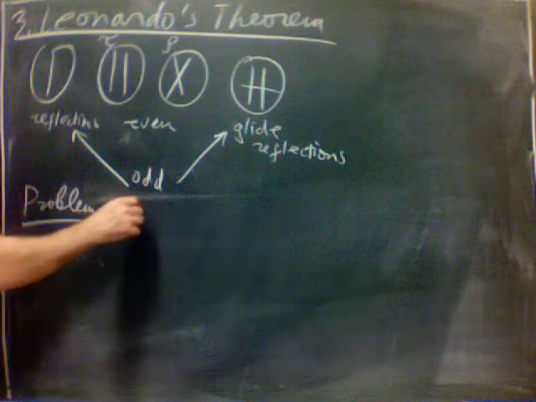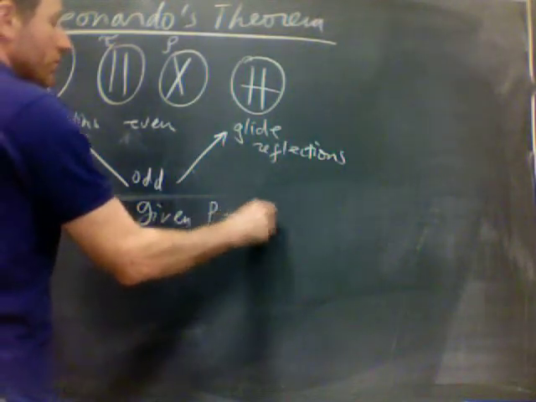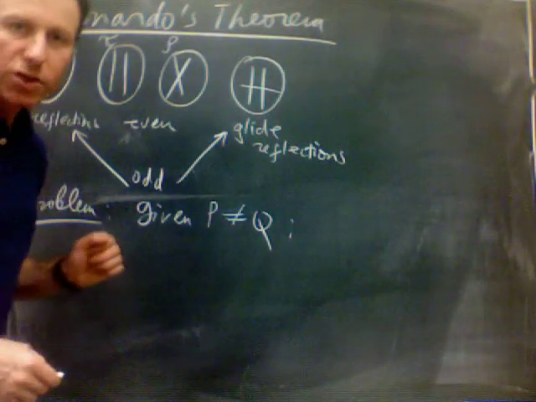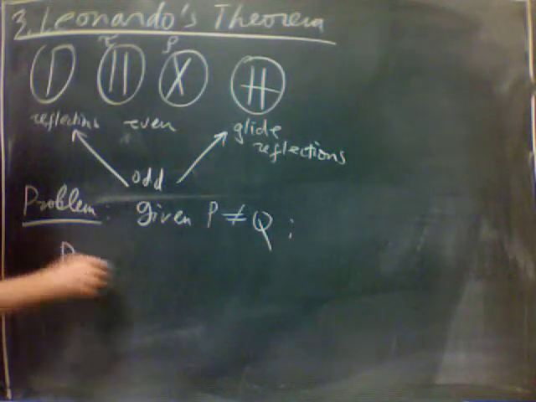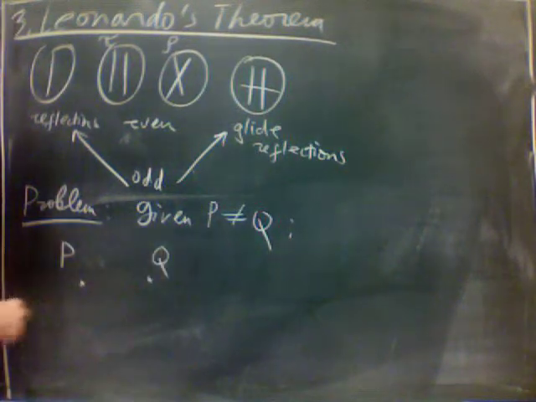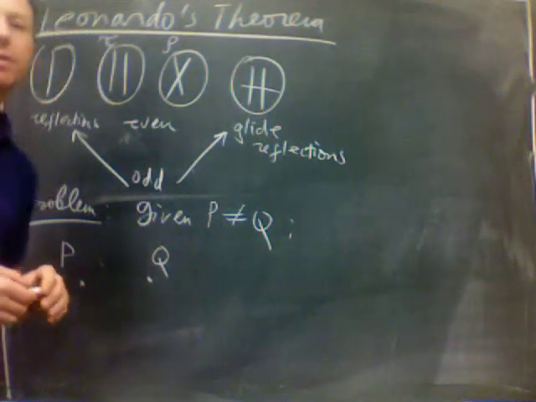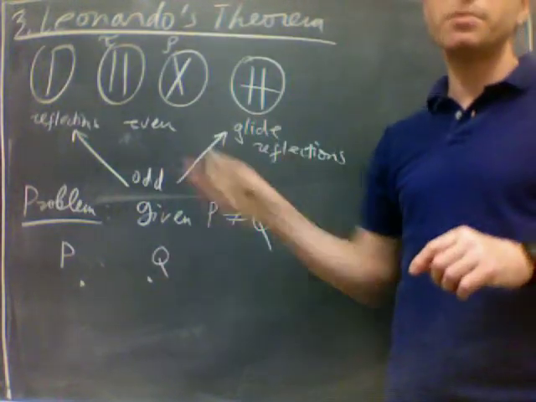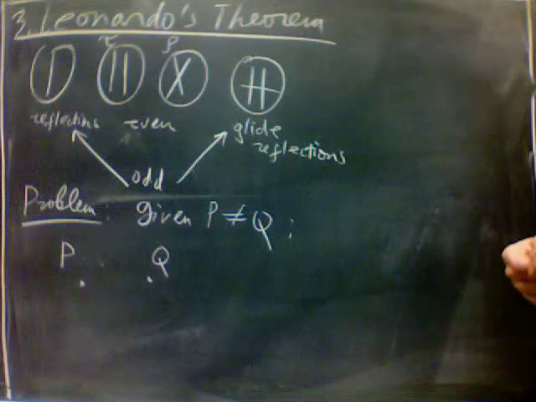Given P and Q, given 2 distinct points P not equal to Q, list all possible isometries that take P into Q. So the hint is that the number is smaller than you expect. You won't have 4 different types, but actually only 2.